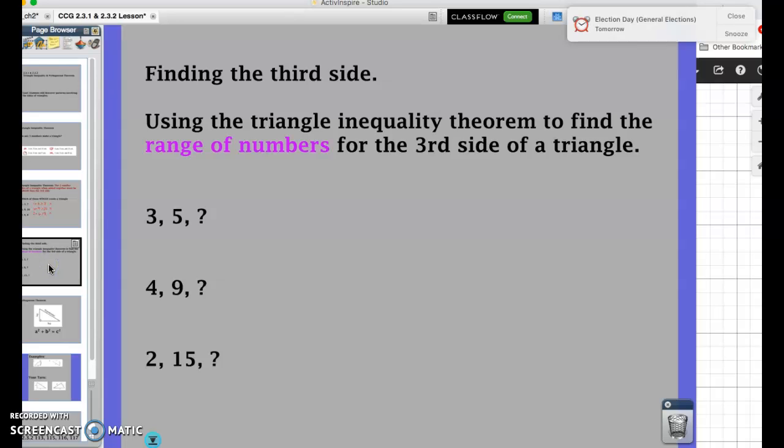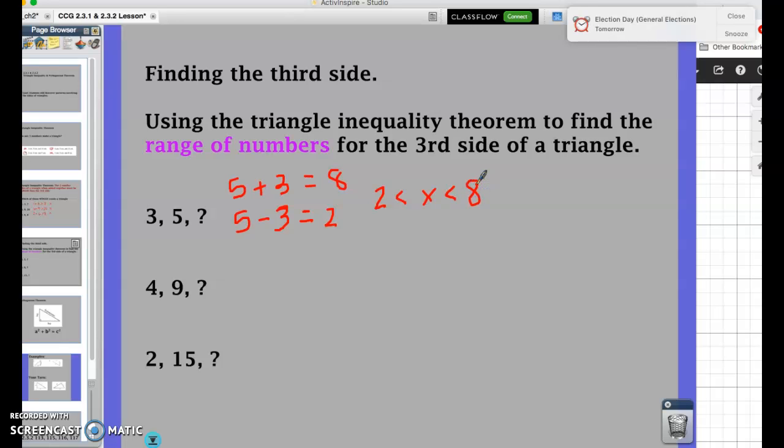Okay, we can also use the triangle inequality theorem to find the third side. If we take our two numbers that we are given and we add them together, and then we take our two numbers and we subtract them, the range that our third side could be is any number in between those.